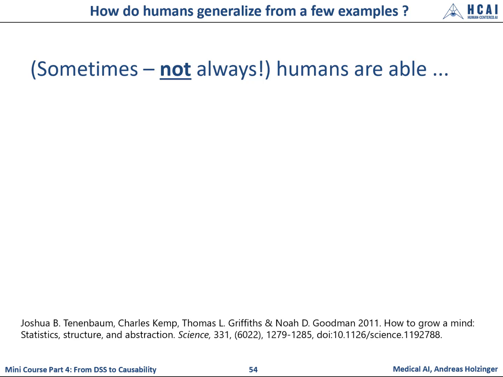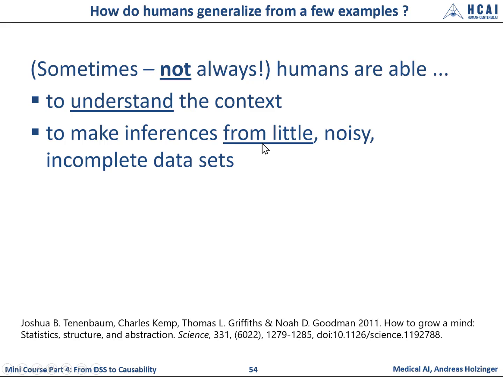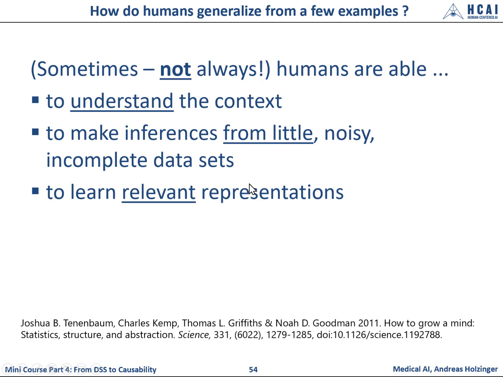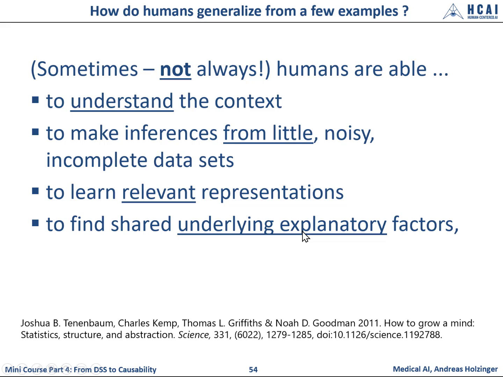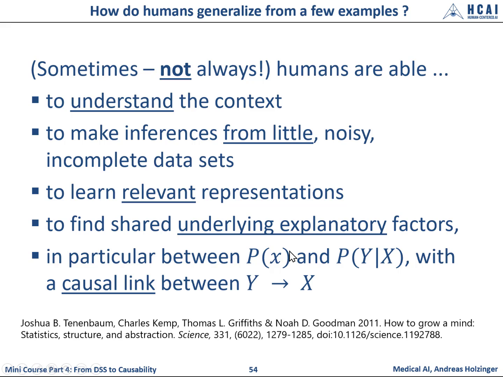Sometimes, and I emphasize not always, humans are able to understand the context, to make inferences even from little, noisy, incomplete data sets, exactly what we have in the medical domain, and they can learn relevant representations and find the shared underlying explanatory factors. I repeat this because this is so important.